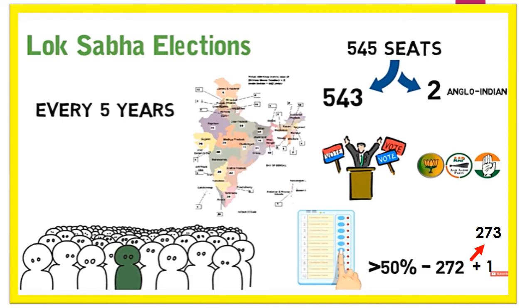That means 273 seats are required, and whichever party gets that magic number of 273 will form the government, and they work for 5 years, and these members will sit in the Lok Sabha.